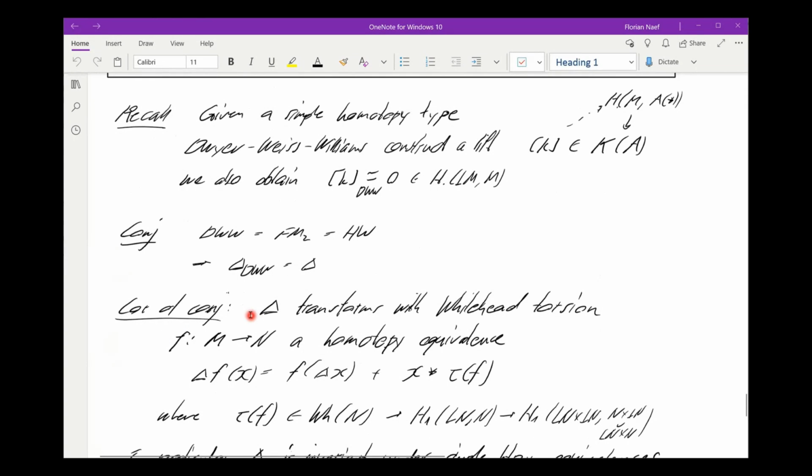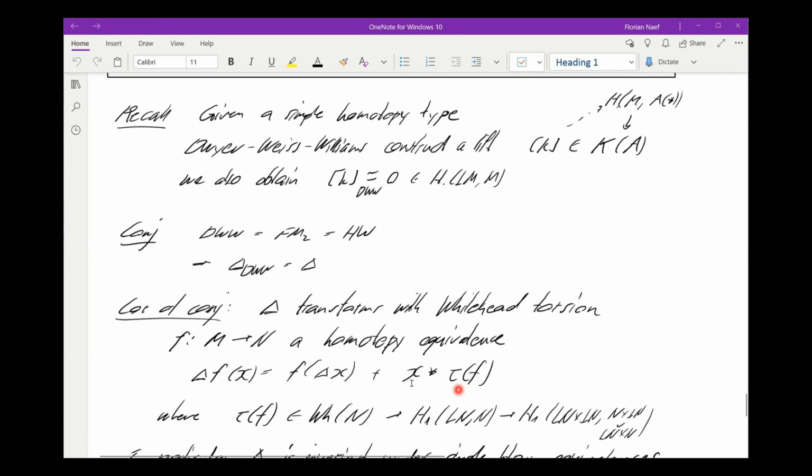The consequence is that we can understand exactly in what way the coproduct is non-homotopy invariant. Namely, it transforms with respect to a term that you derive from the Whitehead torsion. If you have two manifolds that are homotopy equivalent but not necessarily homeomorphic, then the coproduct is not preserved by this homotopy equivalence, but you get an extra term.